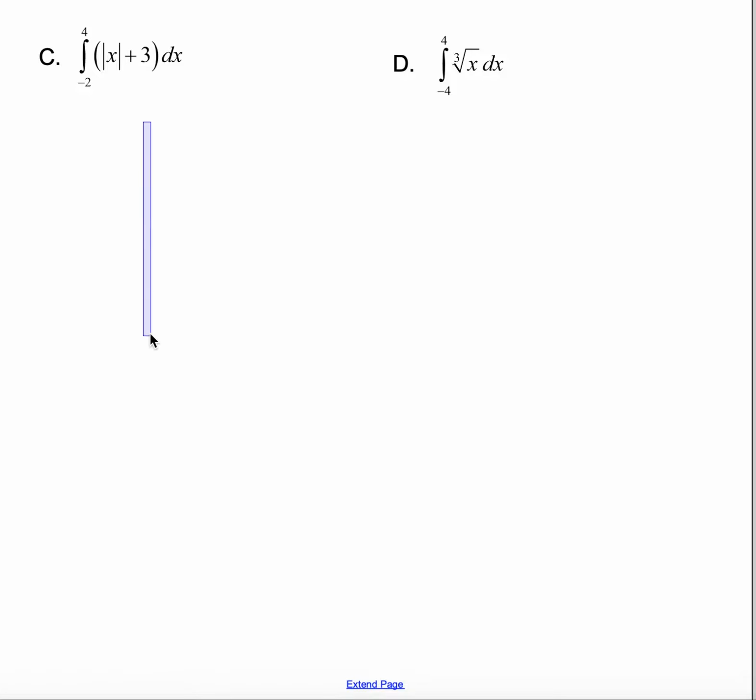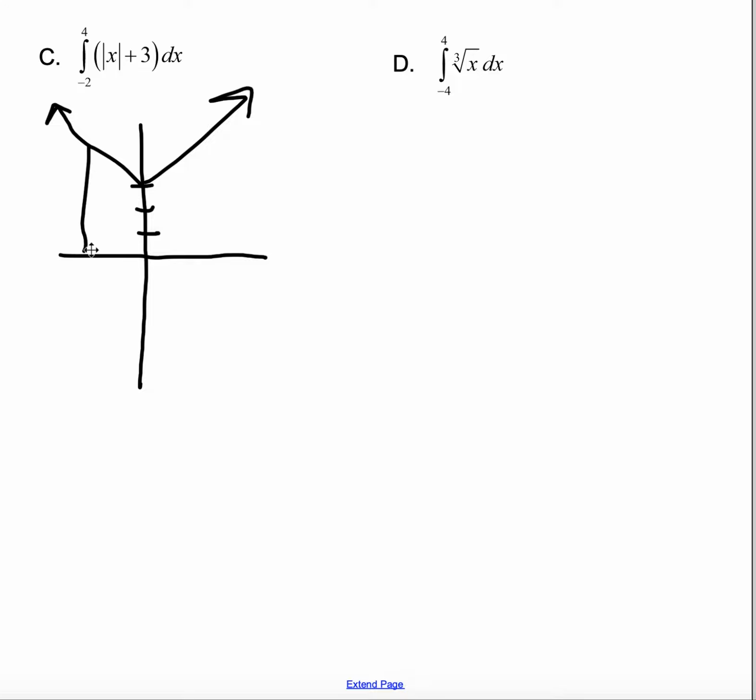All right, what does this look like? Again, this is just going to be an absolute value function shifted up 3. And you're going to go from -2 to 4. Just be a little careful here because this one extends 4 units and this one extends 2.